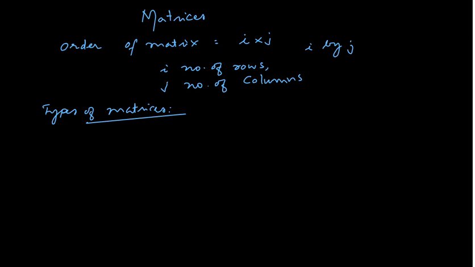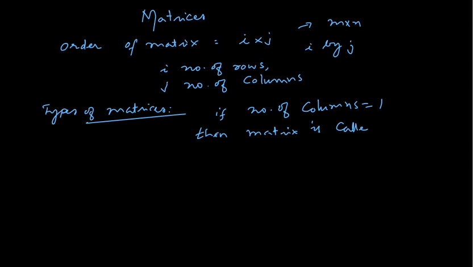It's very simple. That means we can say even m by n also, as I said, right? This can be an m by n matrix. So if the number of columns equal to 1, then the matrix is called a column matrix.